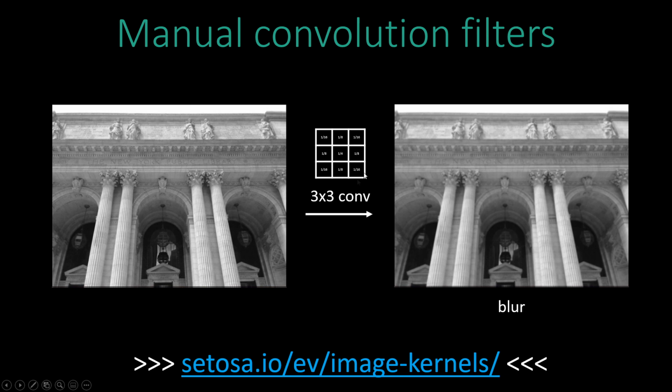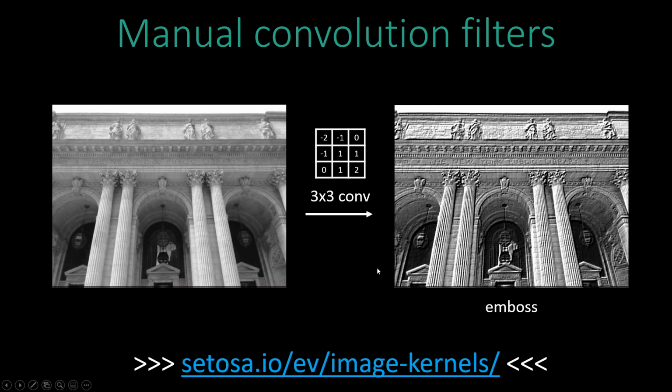It doesn't really matter what these values are, but they are 1/16, 1/8, 1/4, and the effect that this has is to blur out the information. So you will see that this is a blurring effect. Another type of effect would be embossing, which is something like this. I guess you might know these filters or effects from some image editing software.